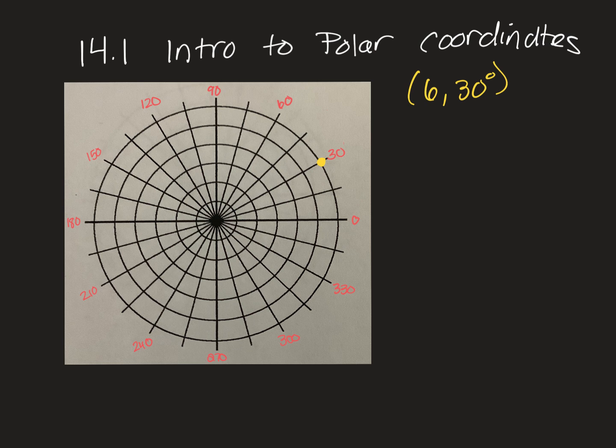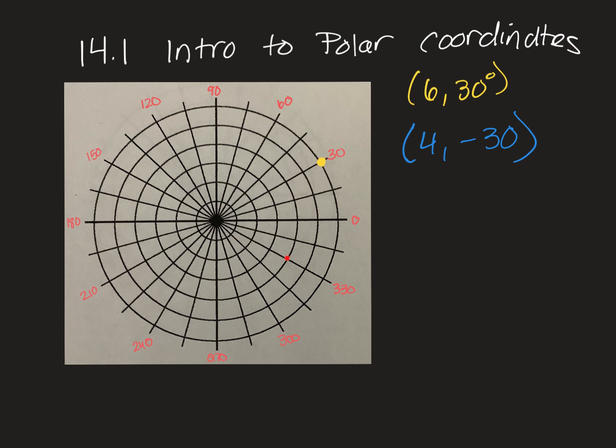Right, so then let's say we had 4 and negative 30. We're going out 4 rings, so this ring, but instead of going up 30 degrees, just like we did with negative angles, we're going to go down 30.